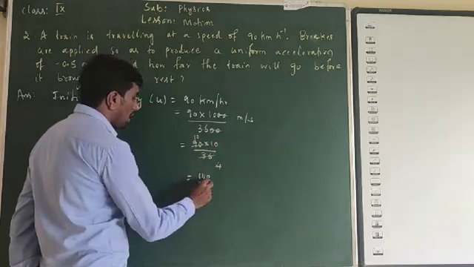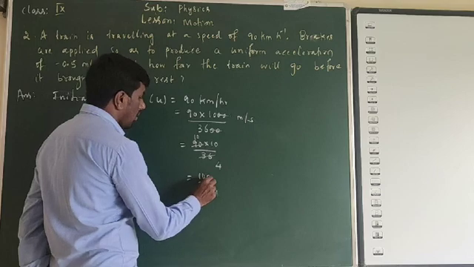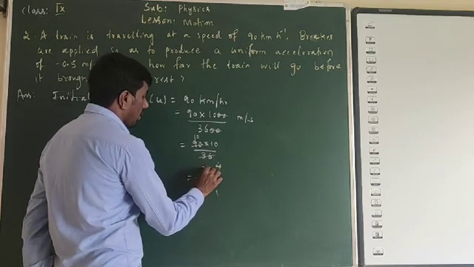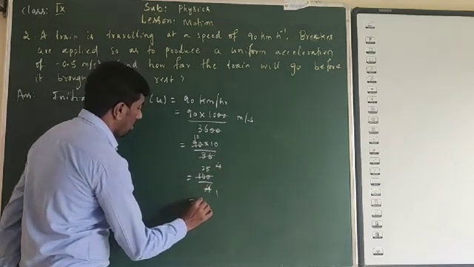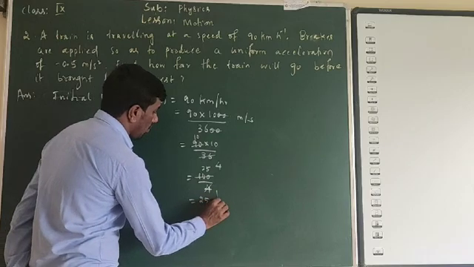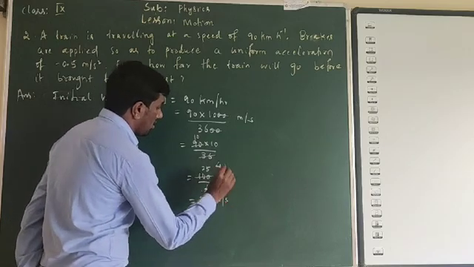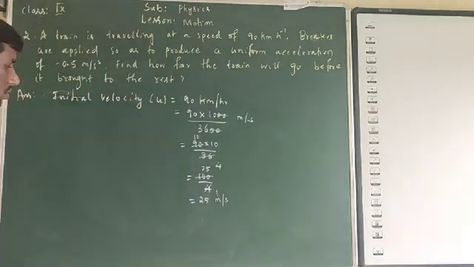If you divide it by 4, then 4 ones are 4, 25 are. So this is 25, right? 25 meter per second.